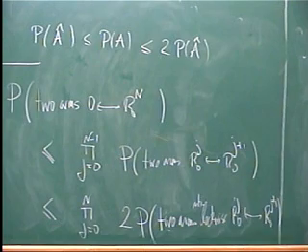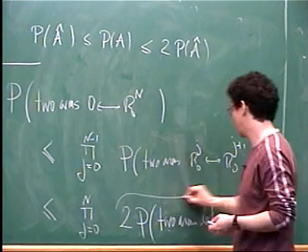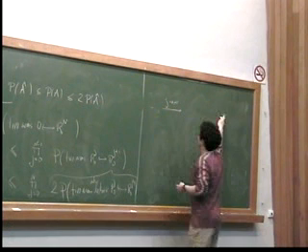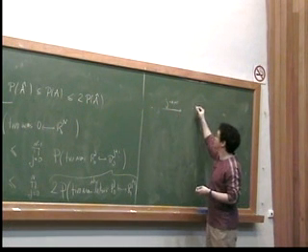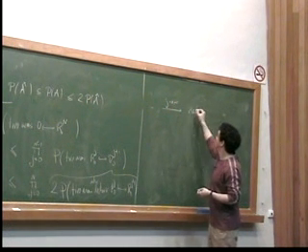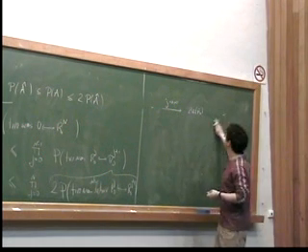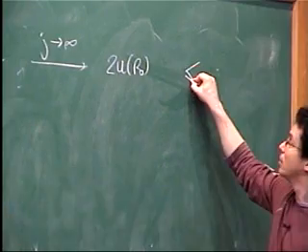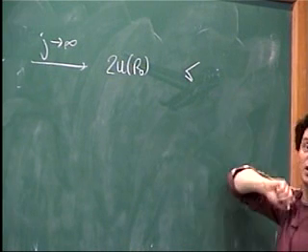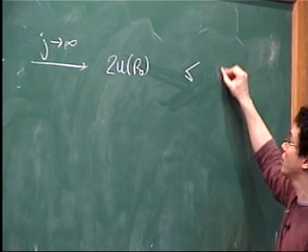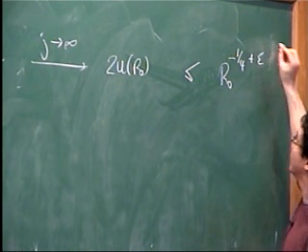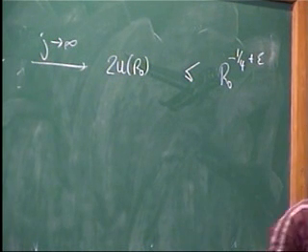So for each fixed R0, when j goes to infinity, this quantity converges to 2 times U of R0. And therefore, if you choose R0 large enough, this will be smaller than R0 to the minus 1/4 plus epsilon, where epsilon is fixed, as before.